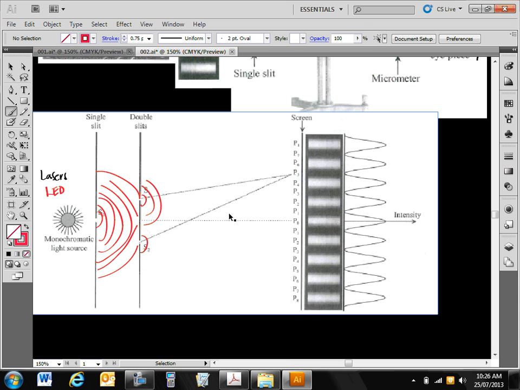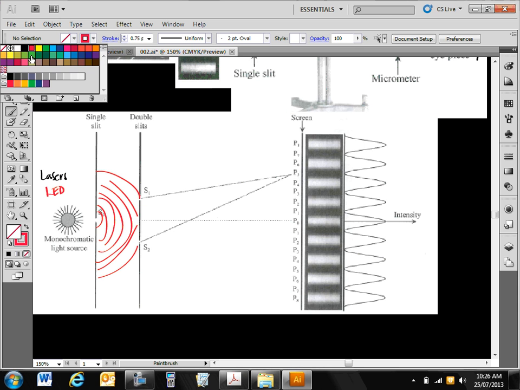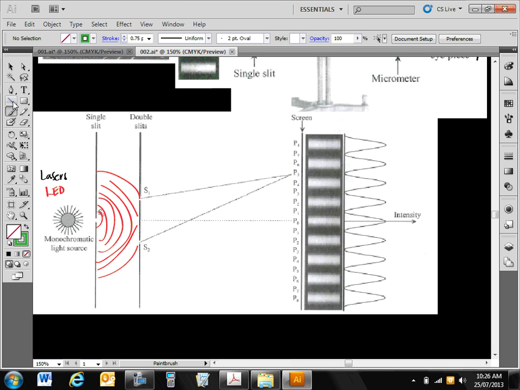I'll just remove these two lines here. Why have these two lines been drawn in here, do you think? What if I drew, to start with, a line to here from slit 1 and a line to here from slit 2?